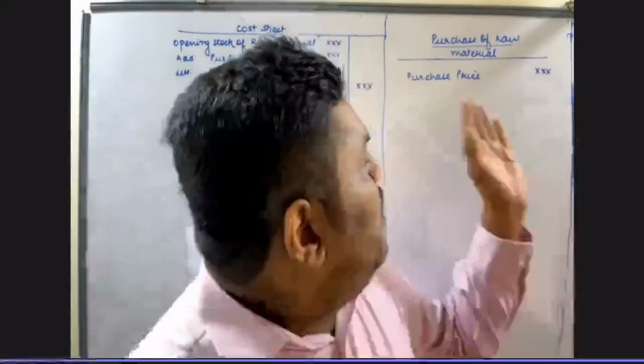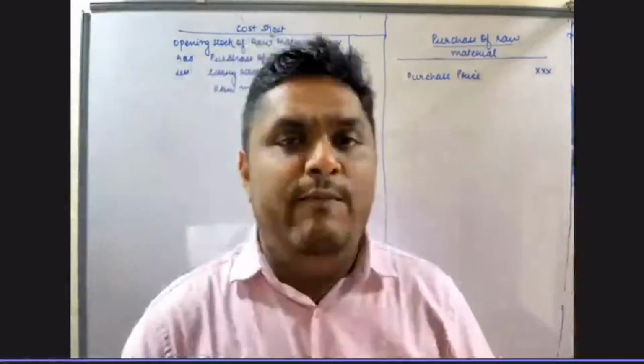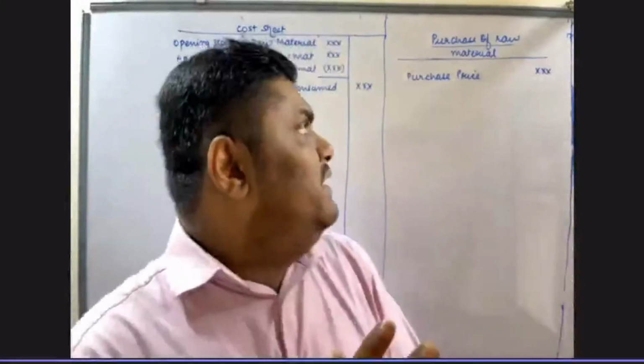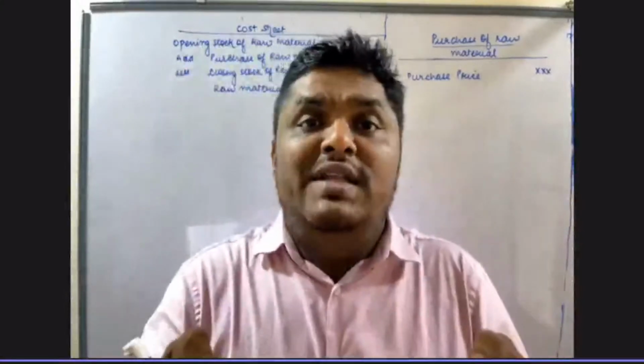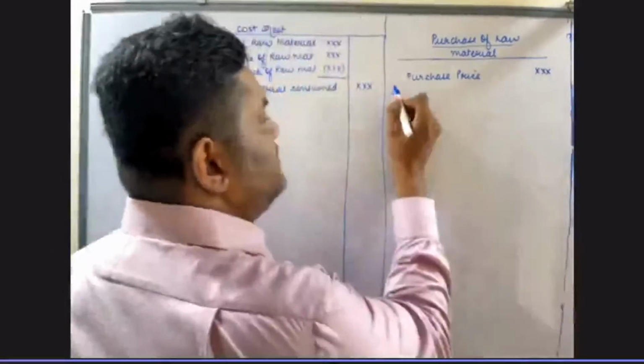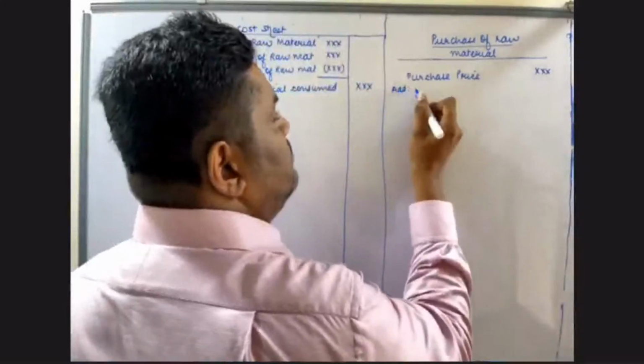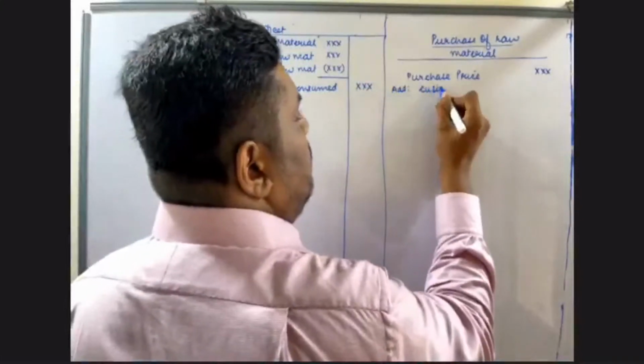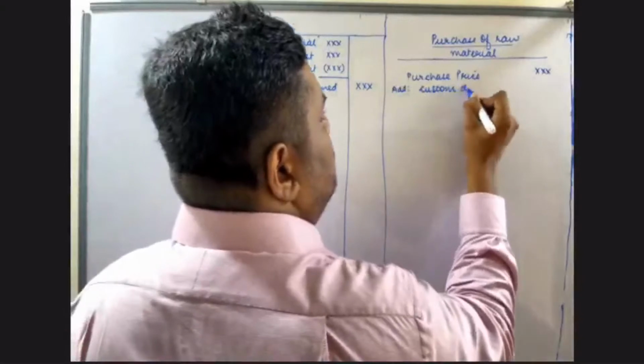So whatever the purchase price I have paid, in this, we will add whatever the cost that is incurred from Japan till India will form part of cost of purchase. Let's say if I have paid custom duty, it will be added.